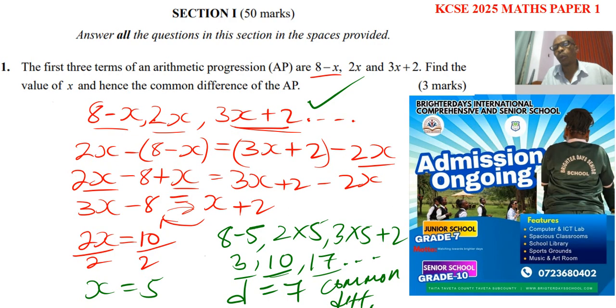So I hope you have understood how we have worked it out and the explanation that I've given. This is from the area of sequence and series in Form 3 in the 8-4-4 system. Of course, you don't need to spend all that time doing this.